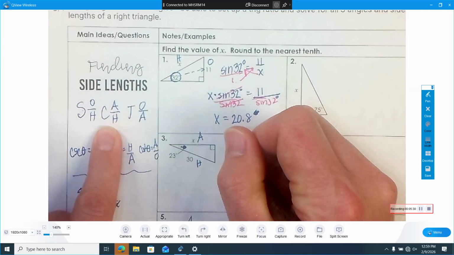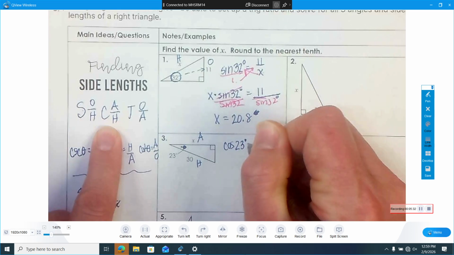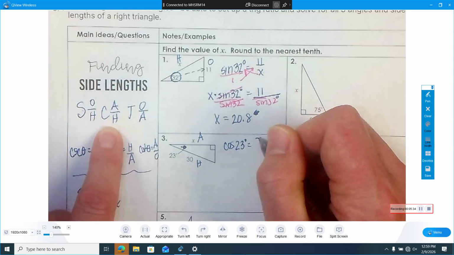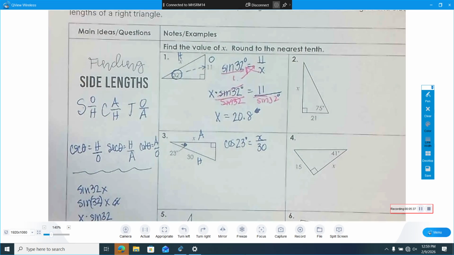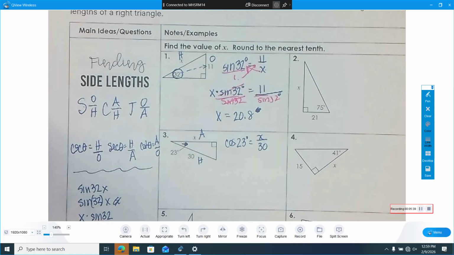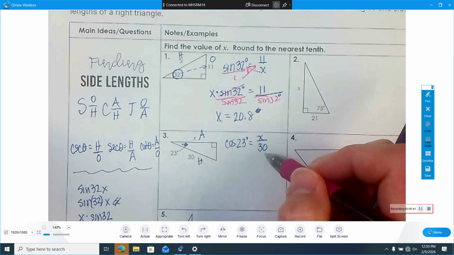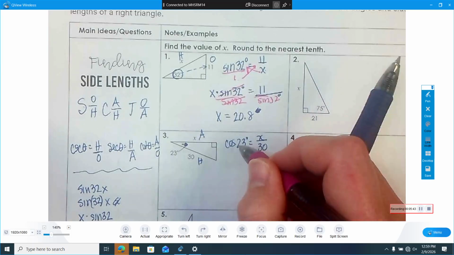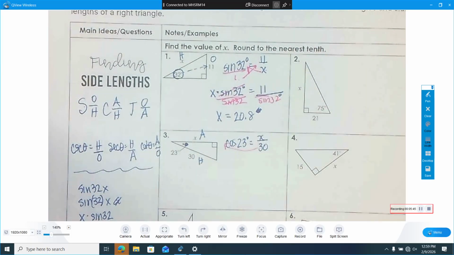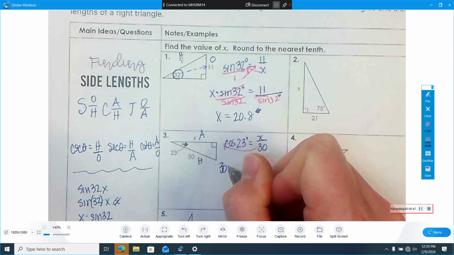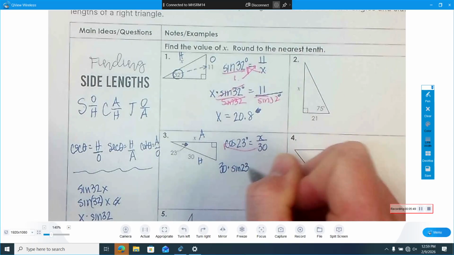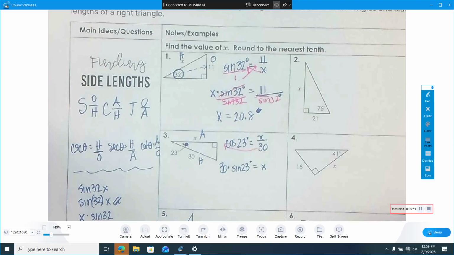Cosine. So we're going to write the cosine of our 23-degree angle is adjacent over hypotenuse. How do you get x by itself? Multiply that 30 to the other side. 30 times the cosine of 23 degrees equals x.